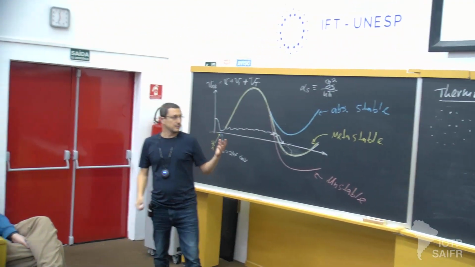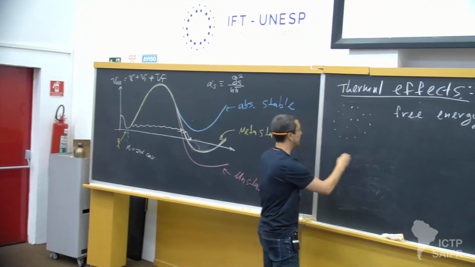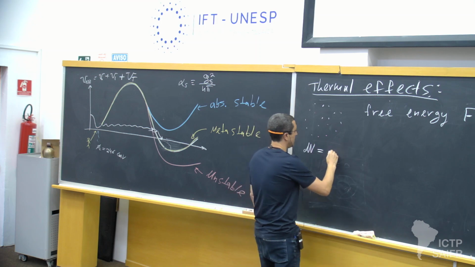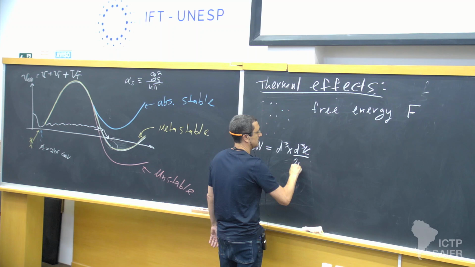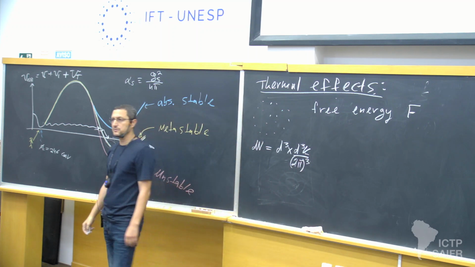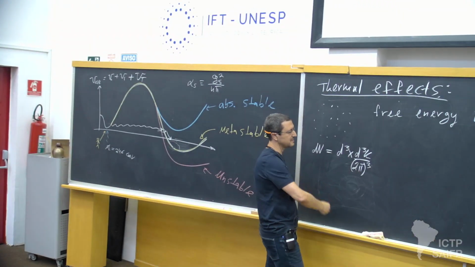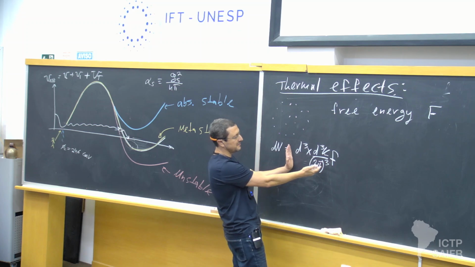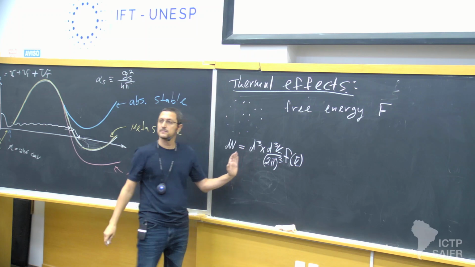Very early on in the early universe, this gas of particles is in a thermal state. So if you want the phase space distribution function, the number of particles in a chunk d^3x d^3k over (2π)^3, where I add this (2π)^3 because I want to keep ħ equal to 1, is equal to the size of the chunk of volume in phase space times some phase space distribution function, f(k).